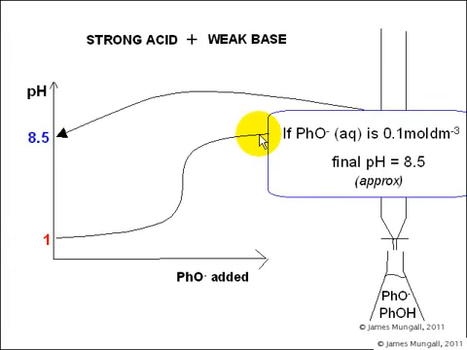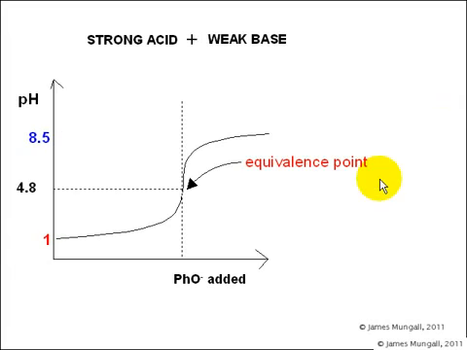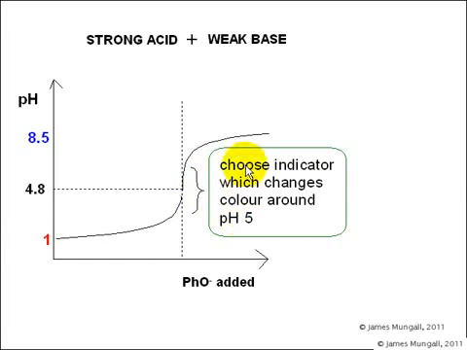If the PhO- concentration was 0.1 mole per decimeter cubed, that would give a pH of about 8.5, slightly basic, as you would expect for a weak base. Now the midpoint of these values is around 4.8, so we would choose an indicator which changes colour around this point, around about 5.